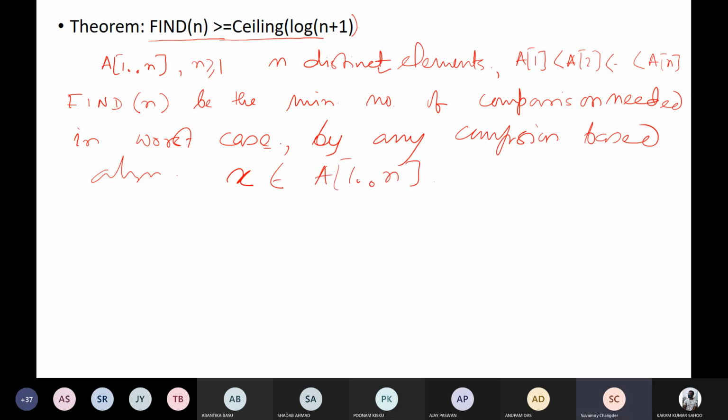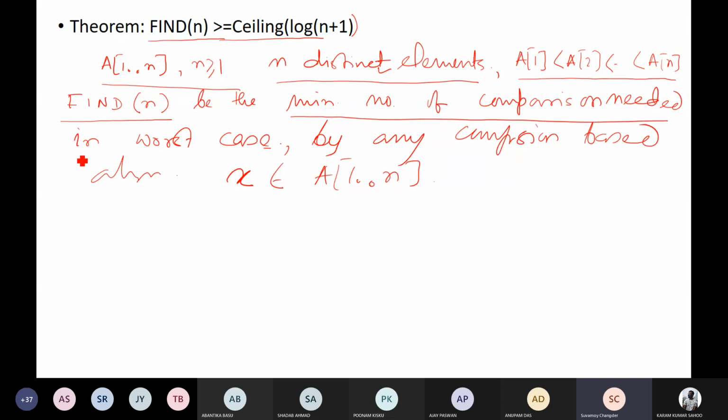Think about that. The statement is that A is the given array where there are n distinct elements and they follow this ordered relation, that is, they are in increasing order. Now we are talking about find(n), which provides the minimum number of comparisons needed in the worst case by any comparison based algorithm such that x belongs to A[1 to n].